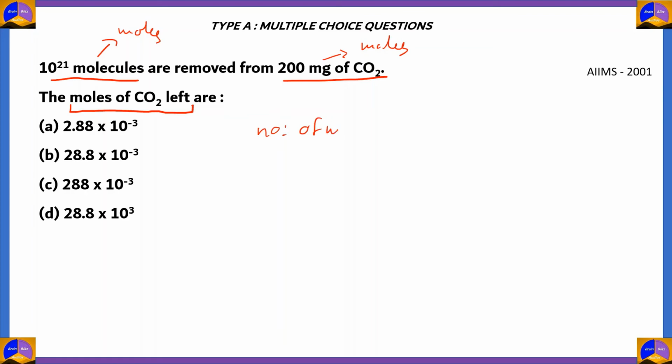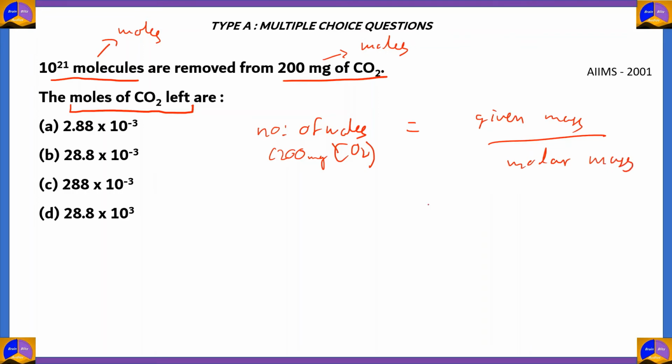So the number of moles for 200 milligrams of CO2 will be equal to the given mass divided by the molar mass.